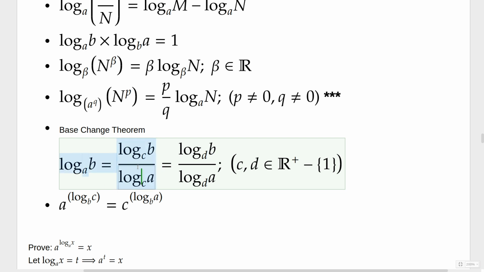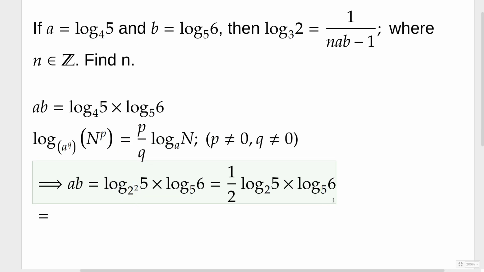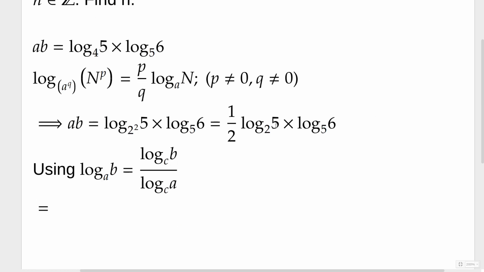So I'll use this now in this expression. This one I'll write as it is, and here I'll break it down according to this property.